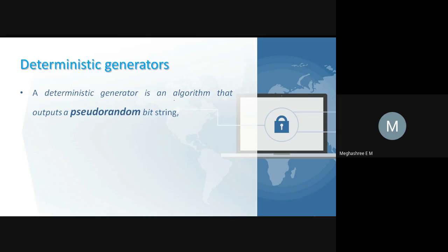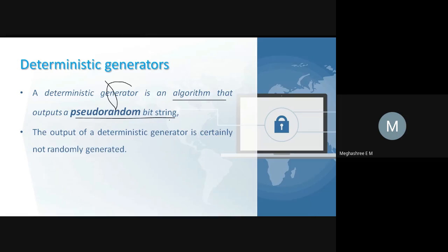The output of this generator, we call a pseudo-random bit string, or pseudo-random numbers.